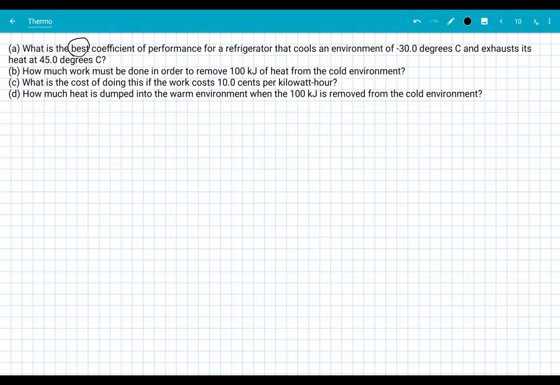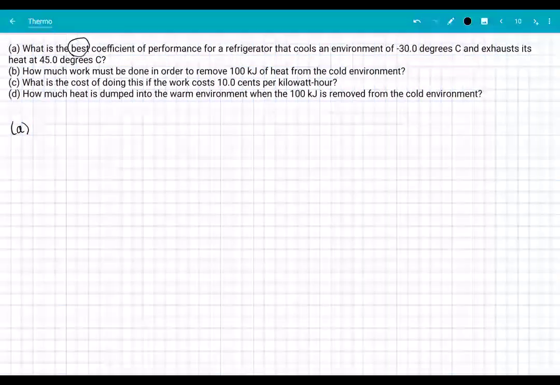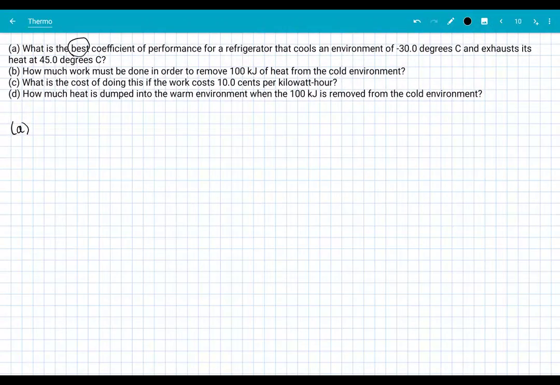And if the problem gives you temperatures instead of energy, then I think I'm supposed to be finding Carnot here. That's something you want to pay attention to in the wording of problems, to figure out when to use Carnot and when to just use the regular equations.